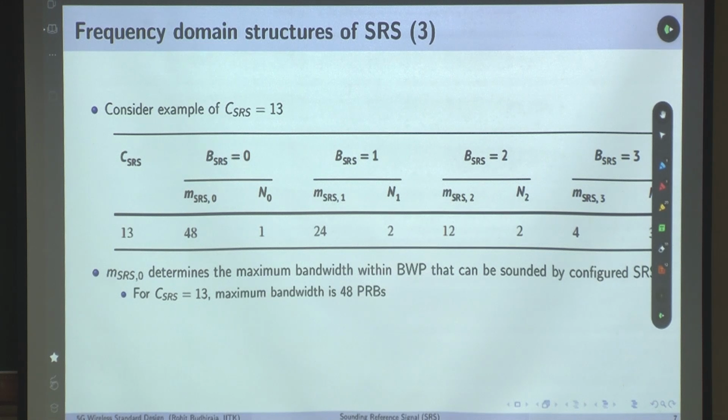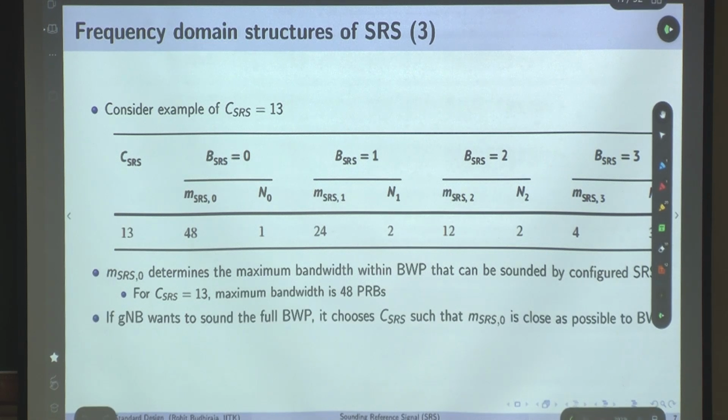And now how does it choose this CSRS? It's amply clear that if the gNB wants to sound out the full bandwidth part, it will choose CSRS such that MSRS 0 is as close as possible to the complete bandwidth part.